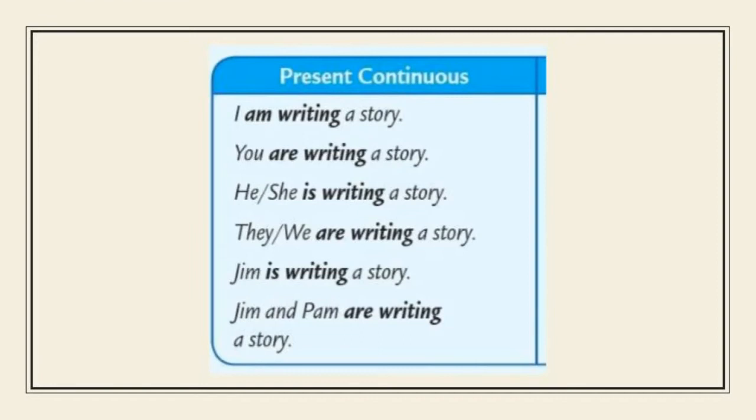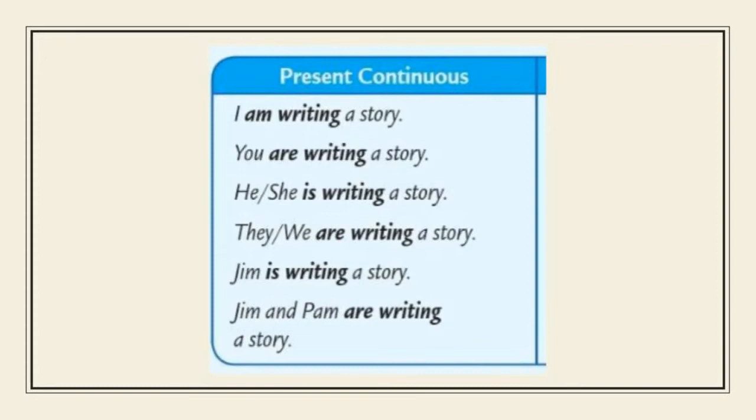For third person singular, we should use is. Okay, Jim is writing a story. Jim is a singular noun, so that's why we use is. Jim and Pam, they are two persons. Two persons means definitely it is not a singular noun, so that's why we use are.